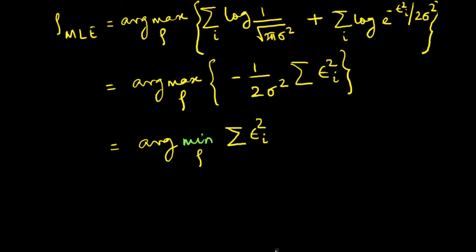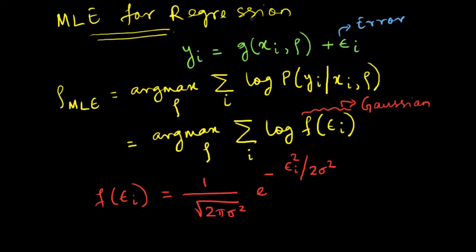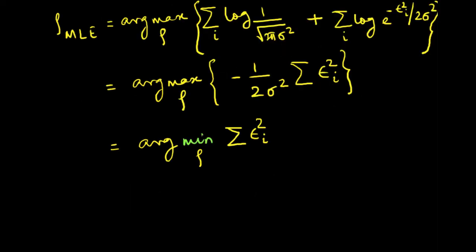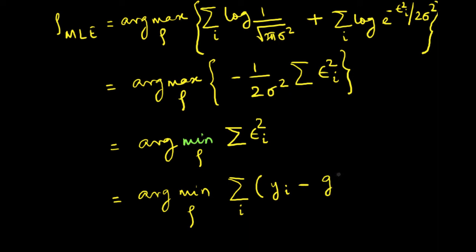And now what is epsilon i? Going back, epsilon i is nothing but yi minus g of xi comma rho. So now this quantity is equal to arg min over rho summation over all i of yi minus g of xi comma rho whole square.